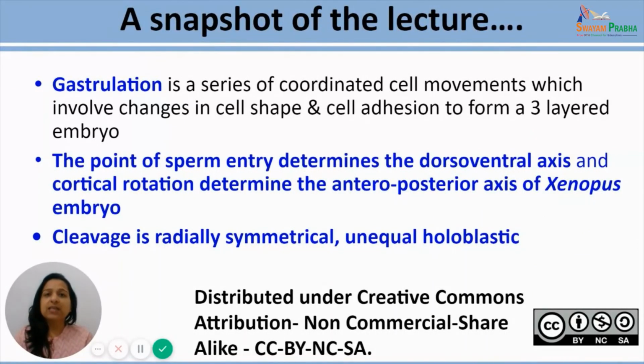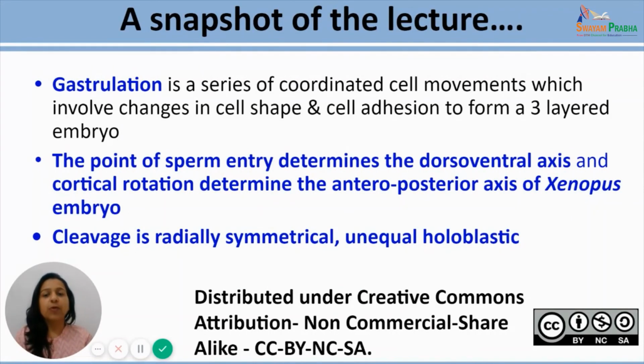So let us discuss the lecture in a summary. What is gastrulation? It is a series of coordinated cell movements which involve changes in cell shape and cell adhesion to form a three-layered embryo. The point of sperm entry determines the dorsoventral axis.